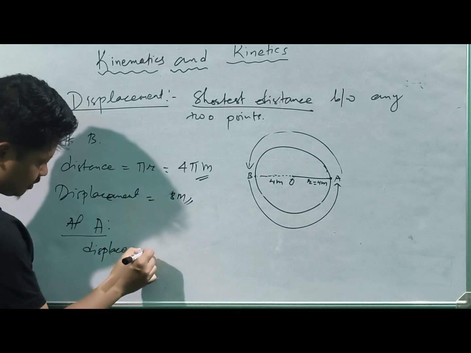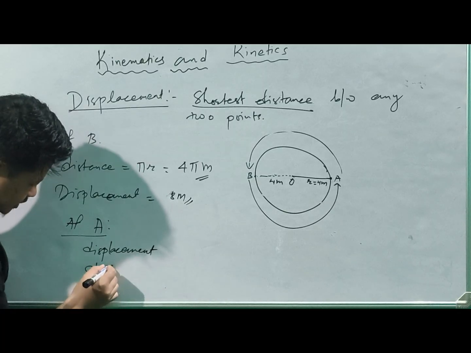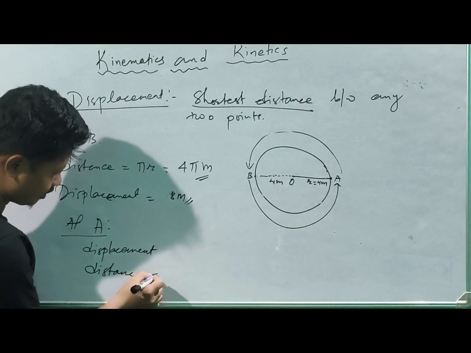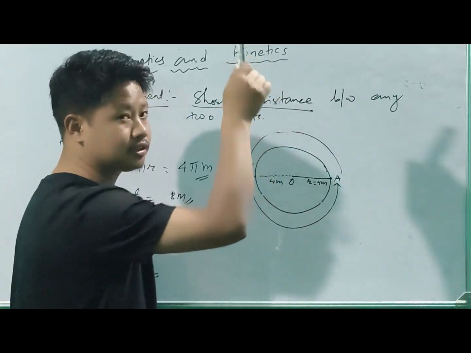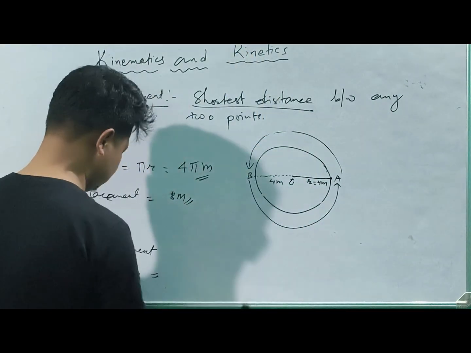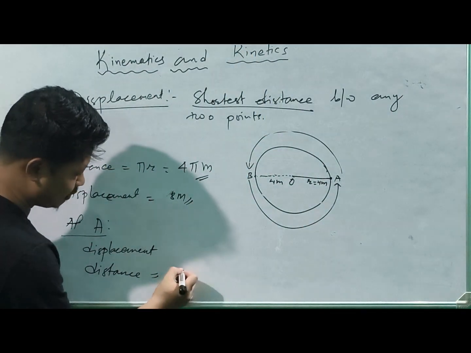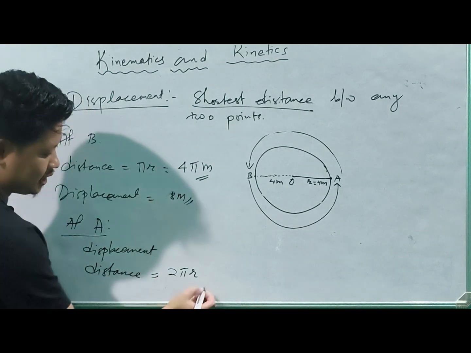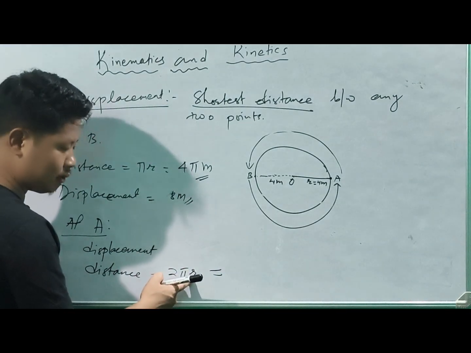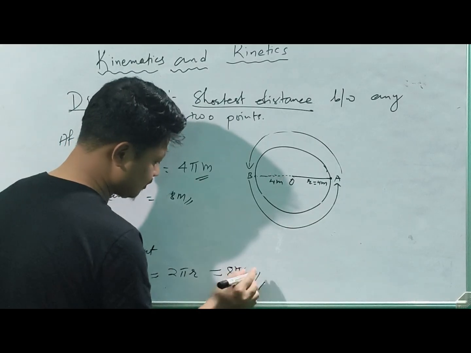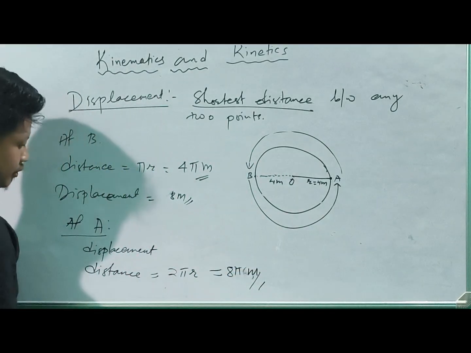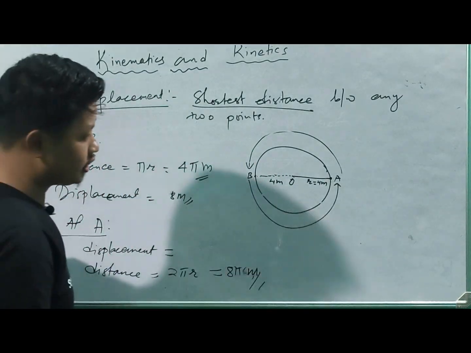First, let us calculate the distance. Now it will completely cover the circular path. Yes or no? So distance will be 2 pi r, that means the circumference. That means with r as 4, 2 times 4 is 8 pi meter. And what will be the displacement? Now look here.